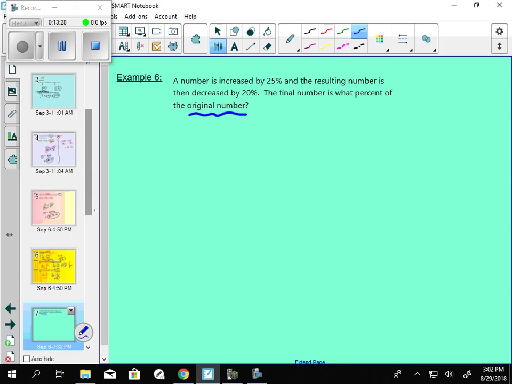So let's just pick something. Let's pick an easy number like 100. Let's take that 100 and see what happens when we do these operations to it. If we're starting with 100, let's see what happens when we increase it by 25%. Remember, increasing by 25% means we're taking our starting percentage of 100 and adding on 25, resulting in 125%.